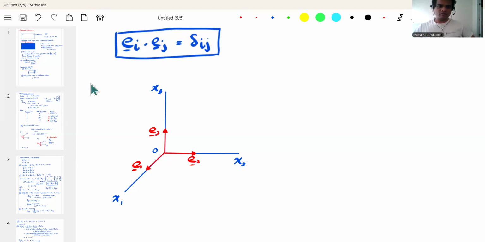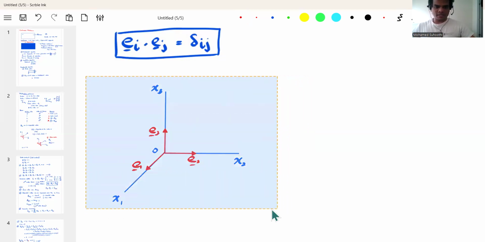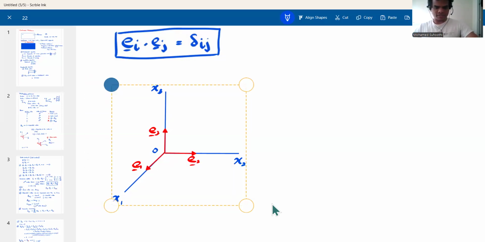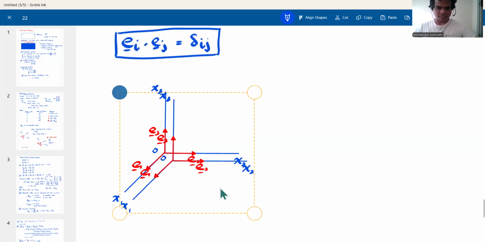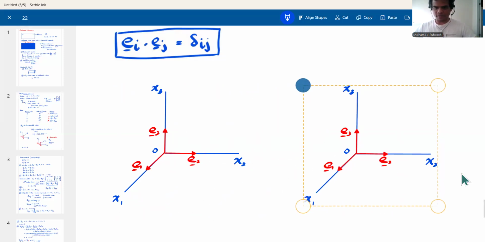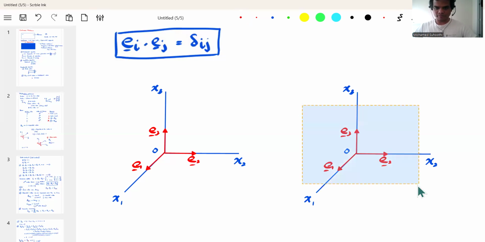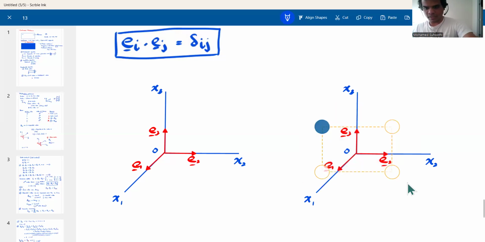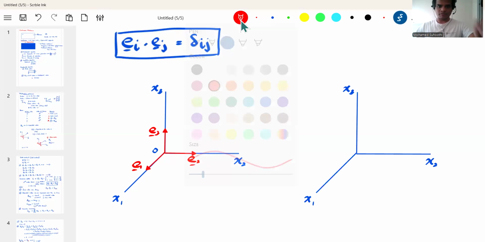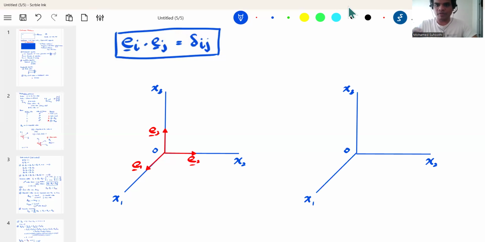Okay, so now let me consider another system to represent a general vector. Let me erase this one. Let's put our point O. Now here, let's consider a vector. For a vector, we need one frame of reference. From that frame of reference, we represent the vector quantities.